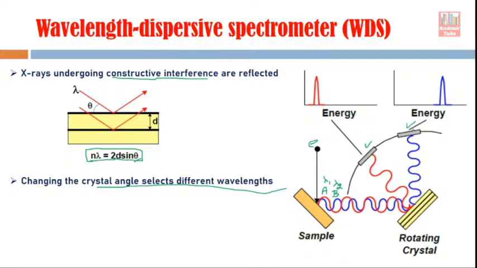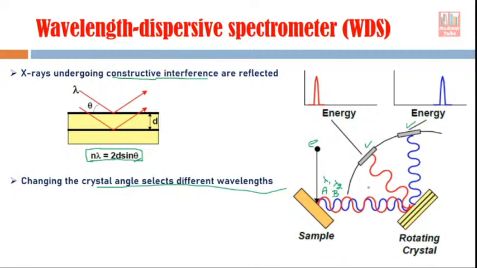You can see that we can place multiple detectors depending on the type of elements which we want to detect, right? And one more thing is possible: if we have a detector at a fixed position, we may rotate this sample in order to satisfy this Bragg's condition, right? So we have to change theta if lambda is changing, right?